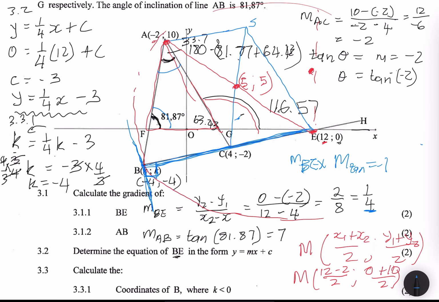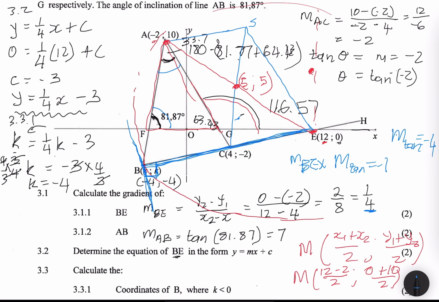Now, all that you simply do is change the sign and invert the gradient of the other one. So the gradient of our tangent in this case would simply be, instead of having 1/4, -4. It changes sign and you invert. Instead of 1/4, it becomes 4/1, which is actually equal to 4.